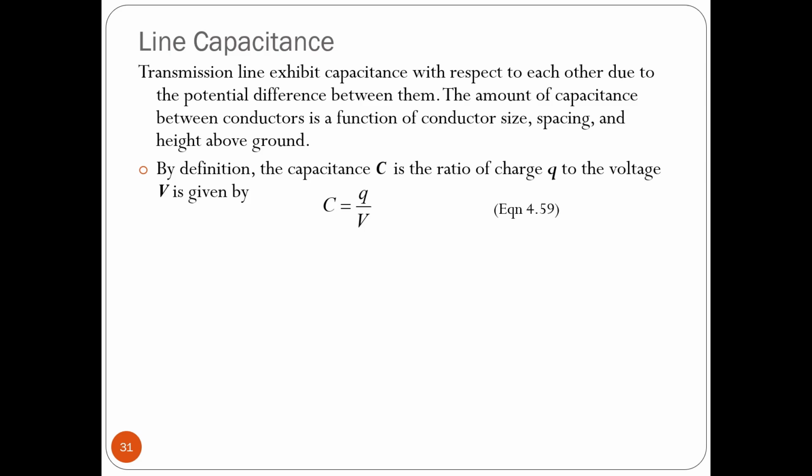Now, for line capacitance, the basic equation is C equals Q over V, where Q is charge and V is the voltage.